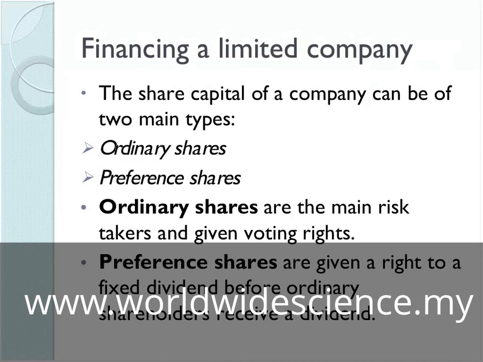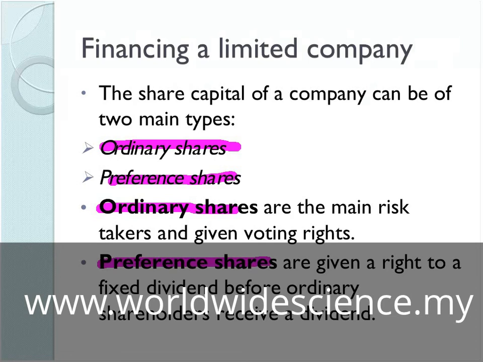What is financing the limited company? The share capital of a company can be of two main types. You remember we already looked at the ordinary shares and the preference shares, right? Just to remind you, ordinary shares are the main risk takers and are given voting rights, and preference shares are given the right to a fixed dividend before ordinary shareholders receive a dividend.